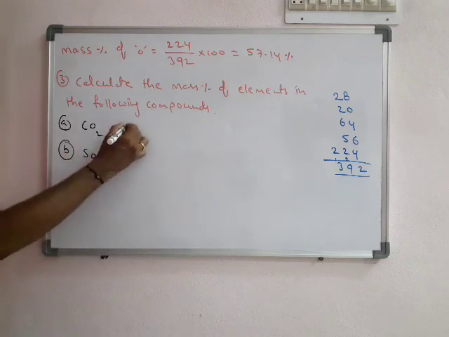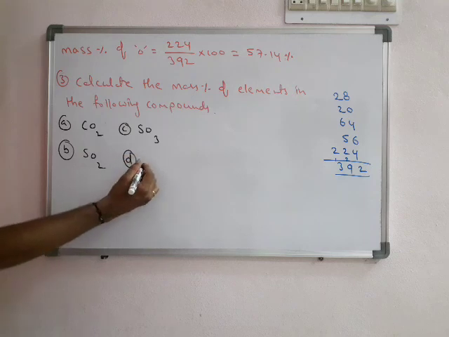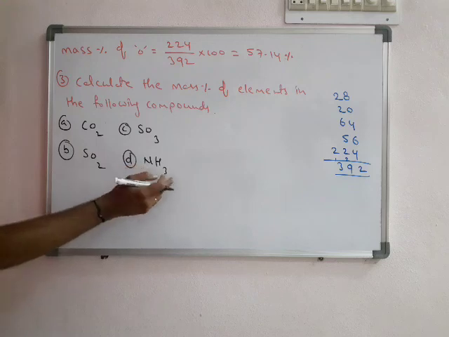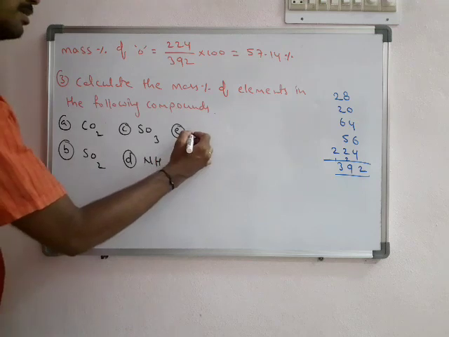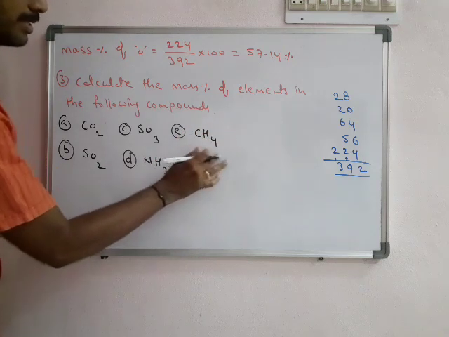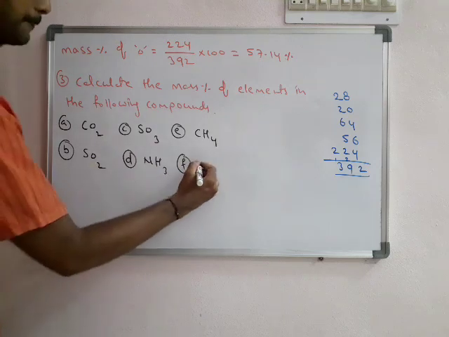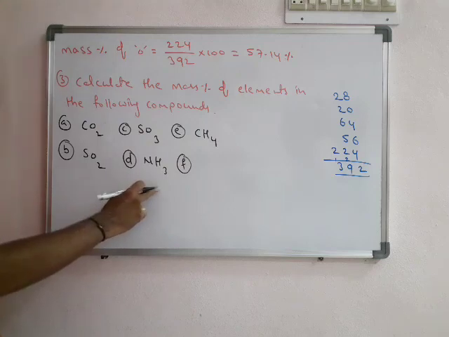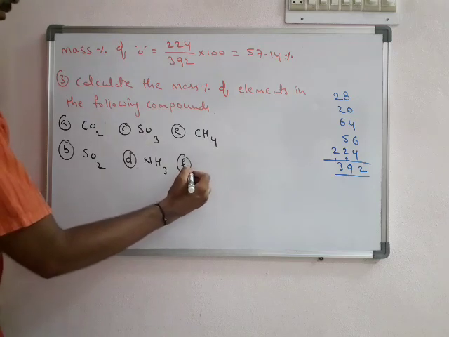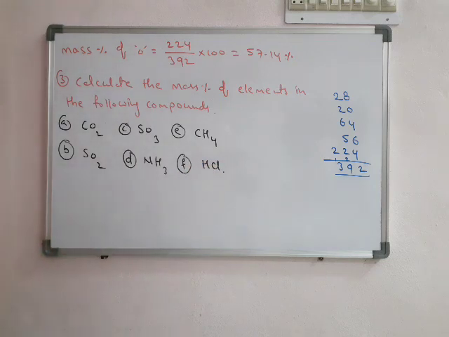That is sulfur dioxide. Already water is completed. Next, in ammonia, what is the percentage of nitrogen and hydrogen? These are the general examples. In methane, what is the carbon percentage, hydrogen percentage? One more is there, an important one. Ammonia completed, alcohol is also completed. HCl. So complete these problems also.